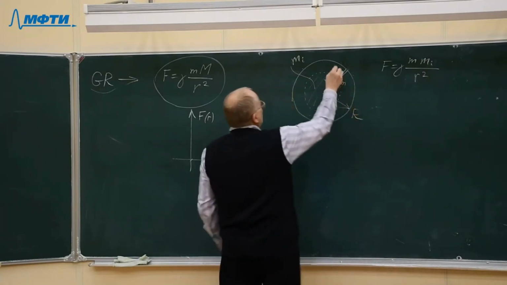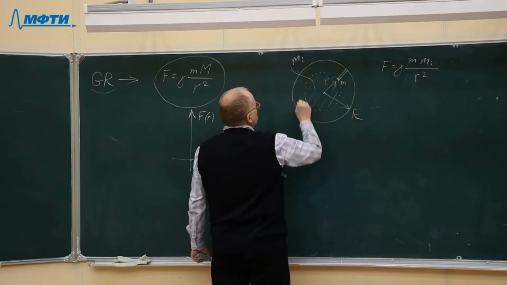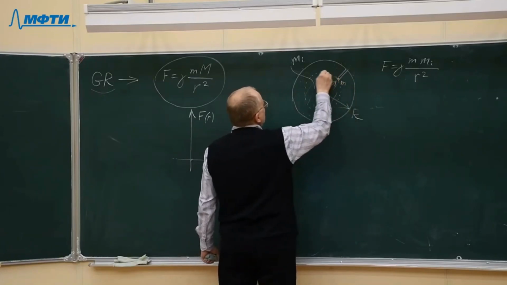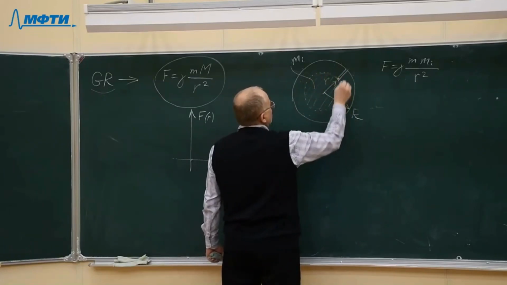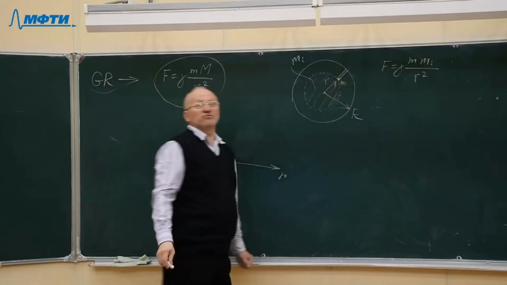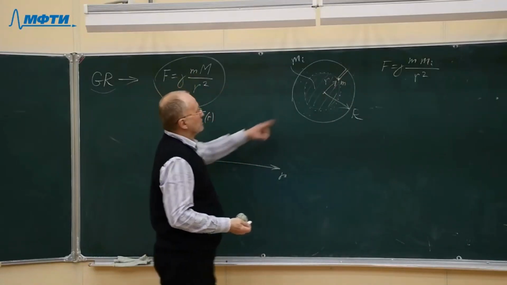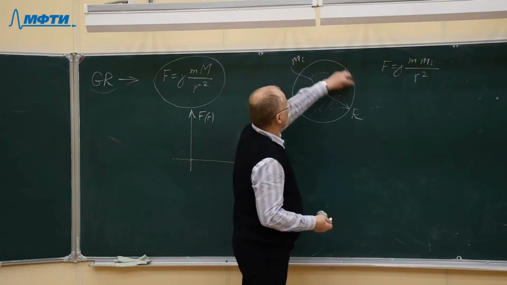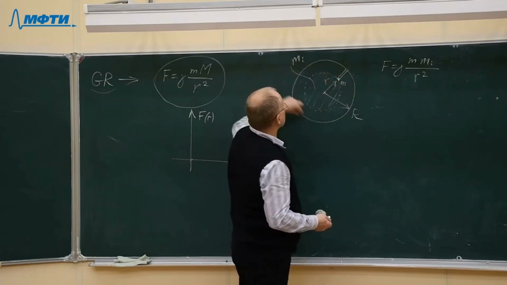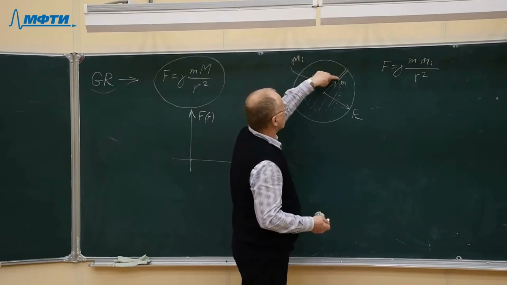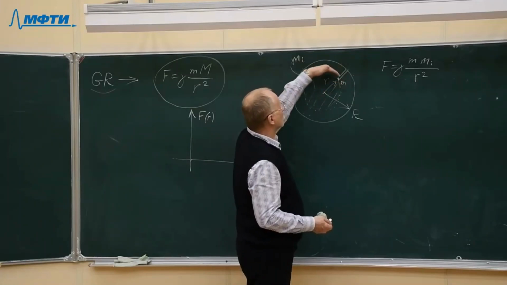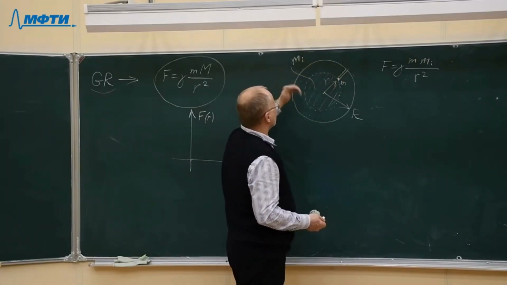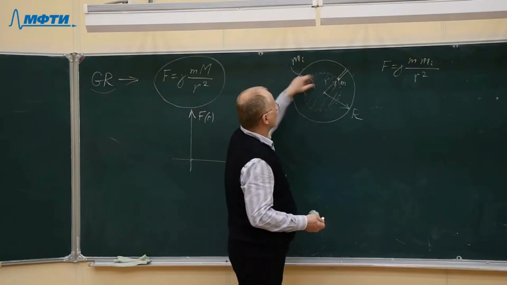And all the material placed outside the small sphere will act on this body with zero force. We have just proven that if we take a thin-walled sphere, then anything inside it will not be influenced gravitationally by any matter which is outside the sphere of radius r.